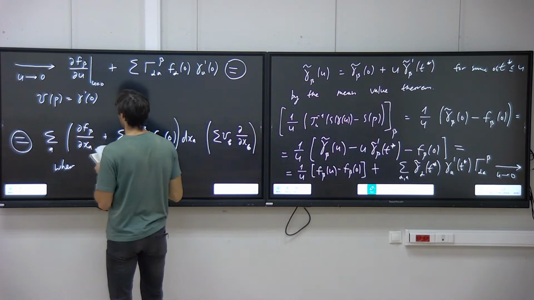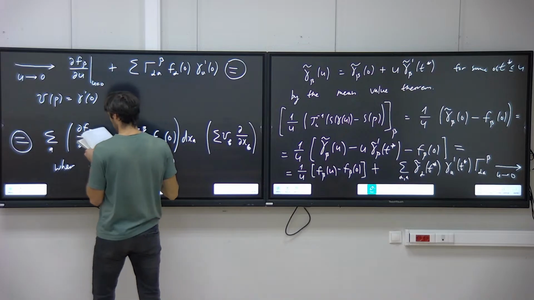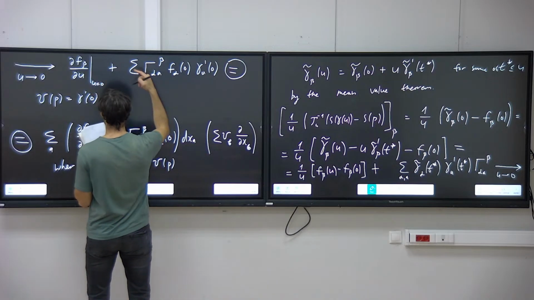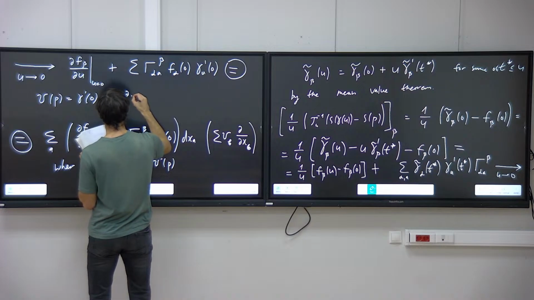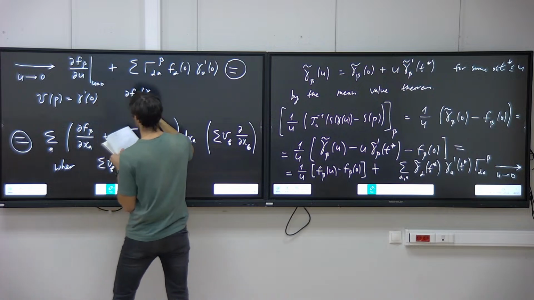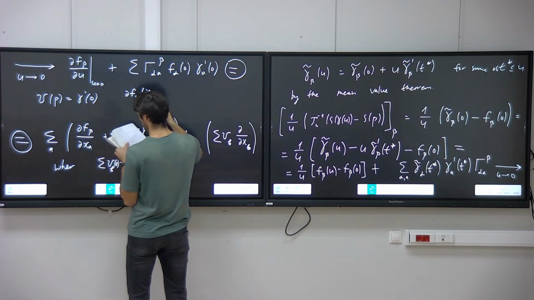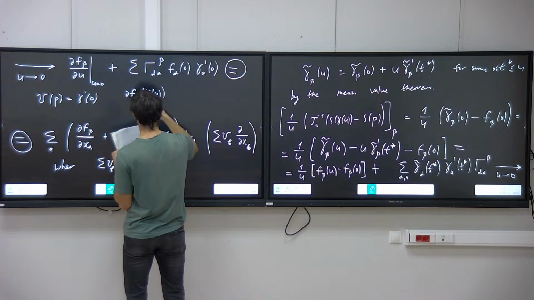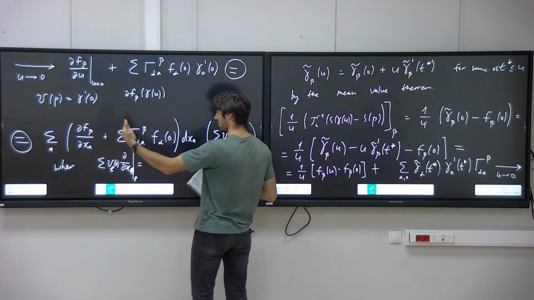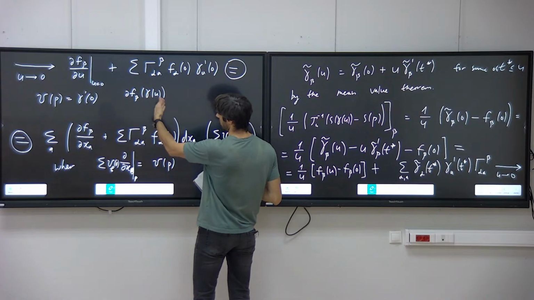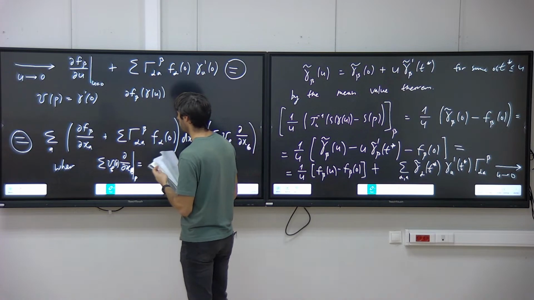For that, I just need to remember what F beta was. This is dF beta of gamma of U du, because beta initially is a map on X, and this is a composition with a curve.